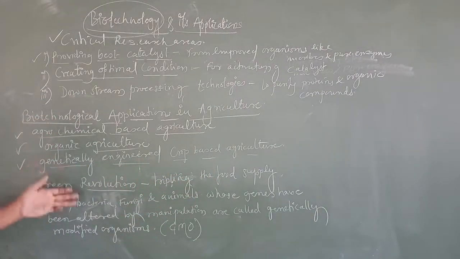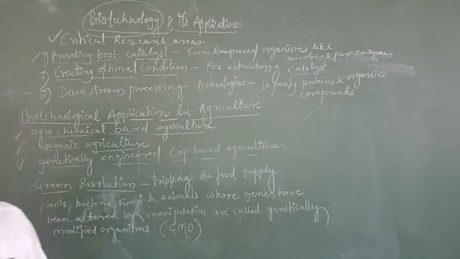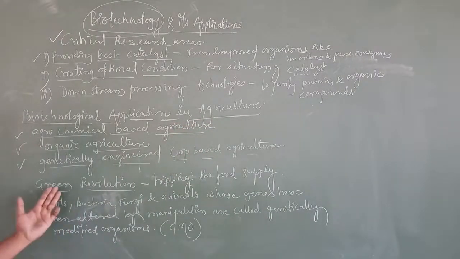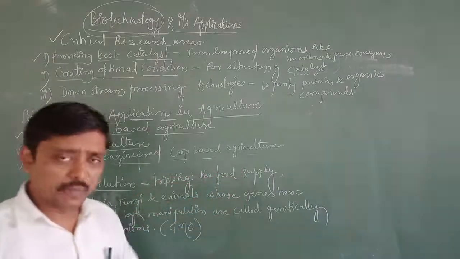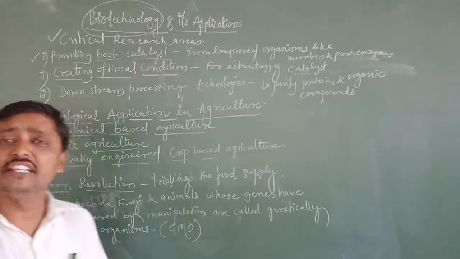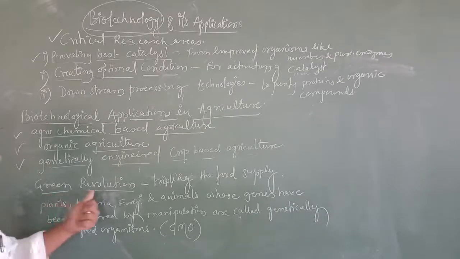So here biotechnology is used in agriculture. And you all heard about the Green Revolution. By the Green Revolution, the food supply was tripled, in the sense a three-time increase in food supply, due to the Green Revolution.